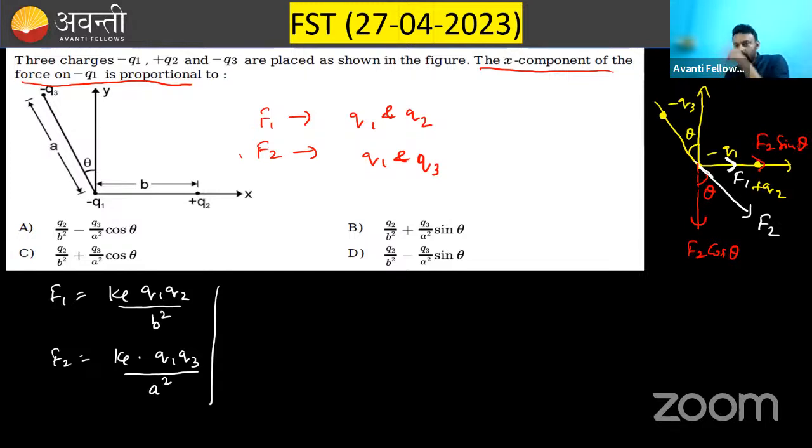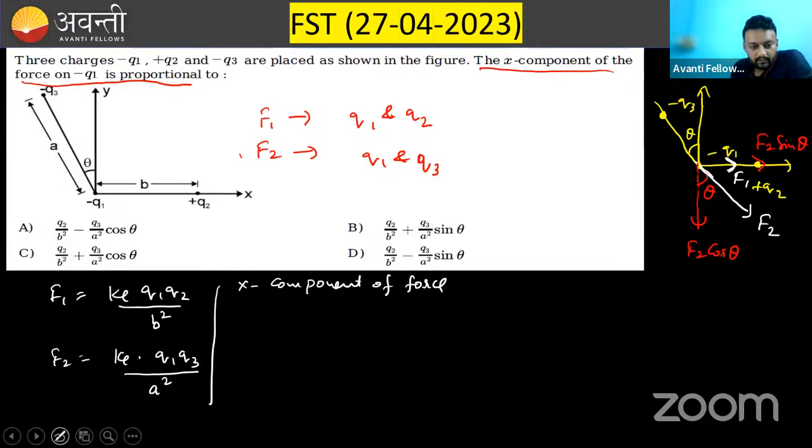So net force or X component of the force is, I will write here, X component of force. There are two forces in X direction. You can see one is F1, another is F2 sine theta.